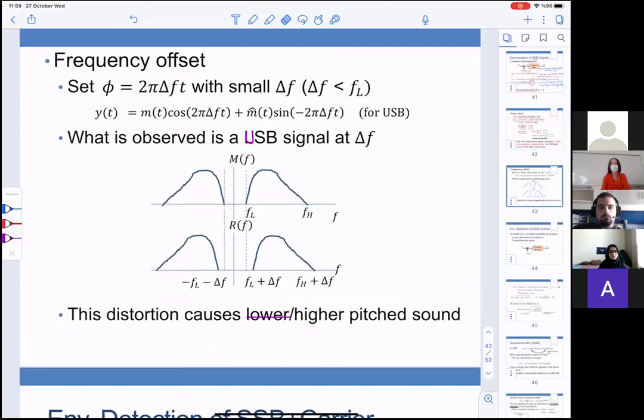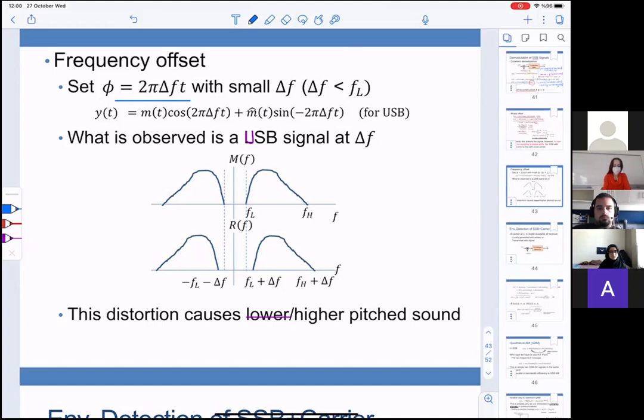Now, if there was a frequency offset, we can always model a frequency offset by a time varying phase, right? So if the frequency offset is delta f, the phase is going to be 2 pi delta f t in time.